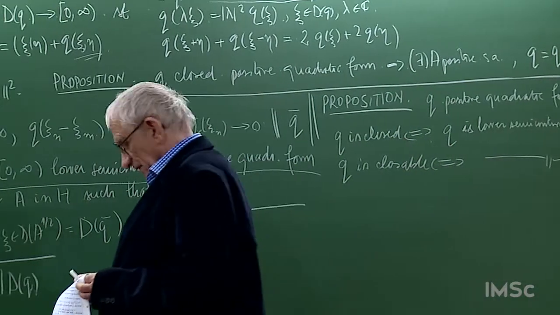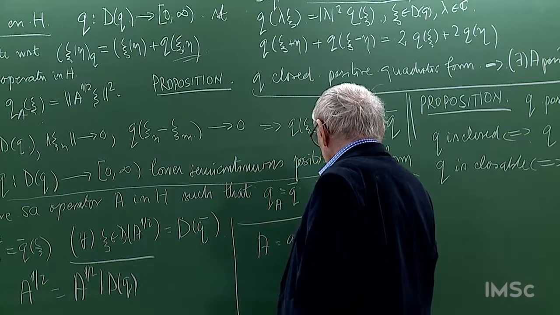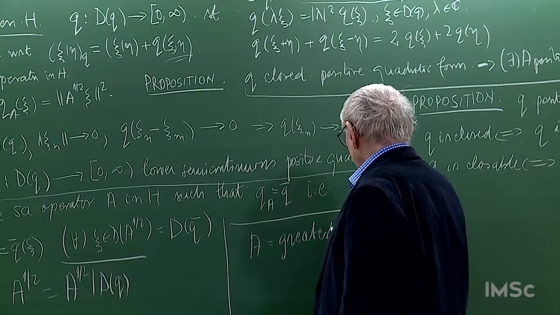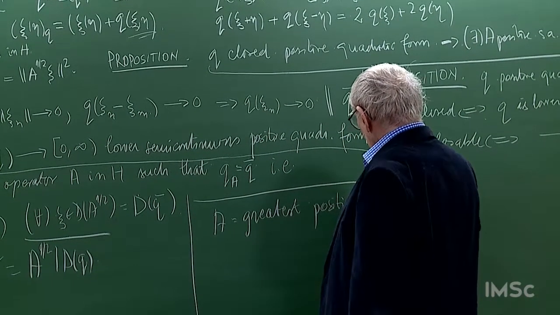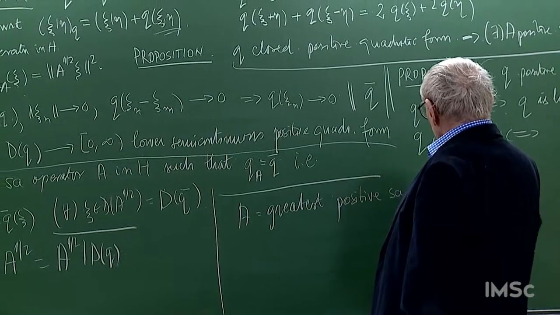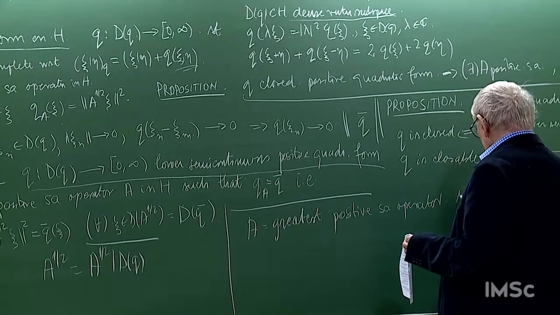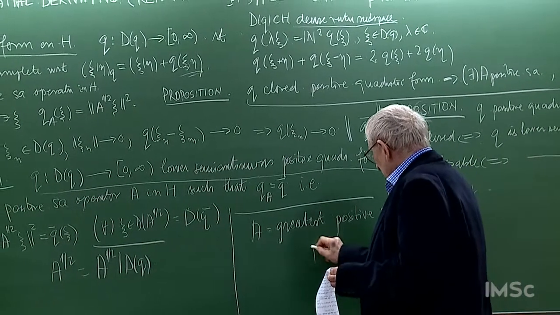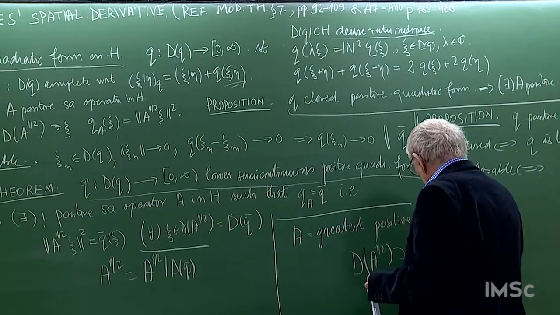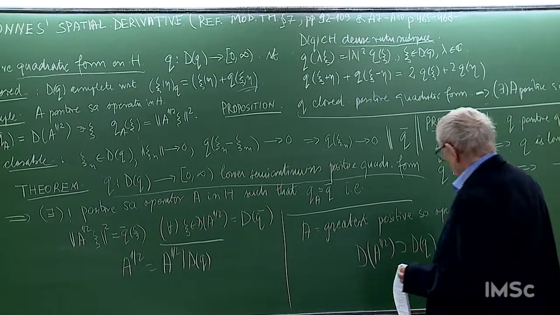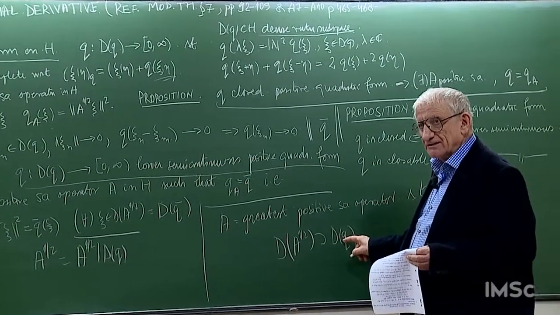Okay. So that, and moreover, A is the greatest positive self-adjoint operator such that the domain of A^(1/2) contains the domain of Q. Notice it's about Q here, not about the closure Q bar.